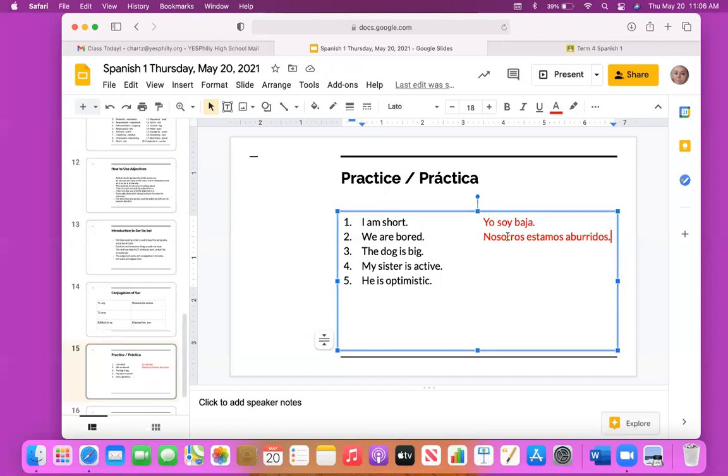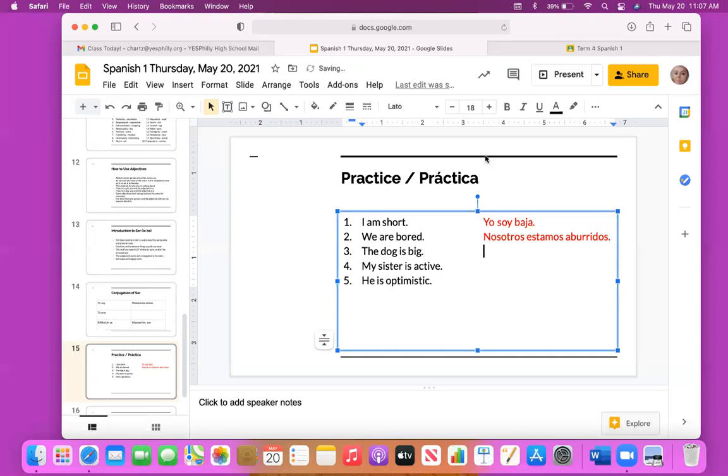So another example of that thing that they do is some people will put the at symbol in for aburridos, and other people will add the X in, but I just do that. So it's a lot easier. But does everybody kind of understand this? Does anybody have any questions or anything? Is everybody kind of okay with this?